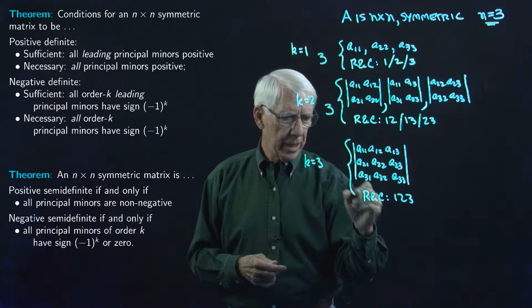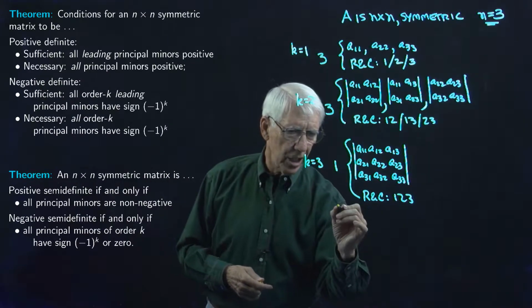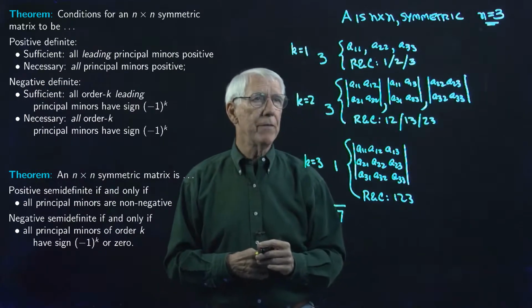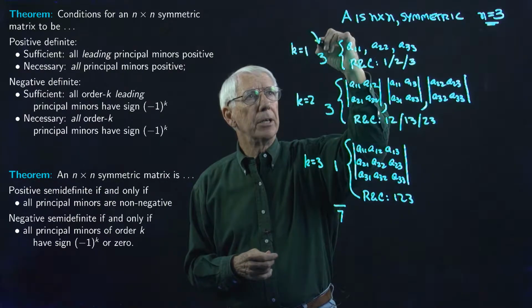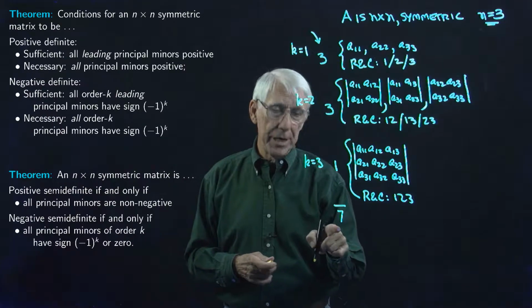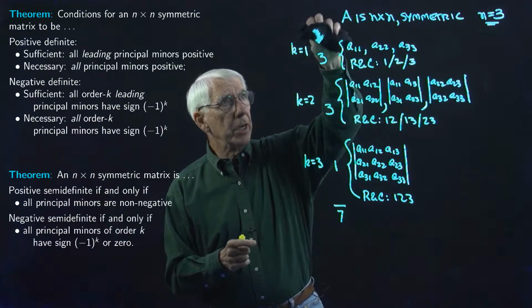So there's only 1 of them. Altogether there are 7, and so let me write down here that altogether there are 7. And notice that the number in here, well, actually, it's the number down here. So maybe I should take this off and put it down at the bottom.